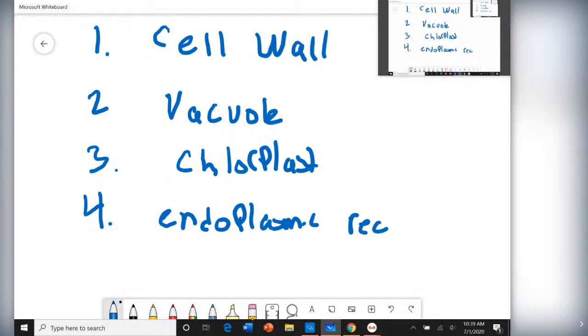Oops, excuse me, it's R-E-T-I-C-U-L-U-M. Okay, number 5. This is the substance that fills most of the cell outside the nucleus and contains other organelles. And that would be the cytoplasm.